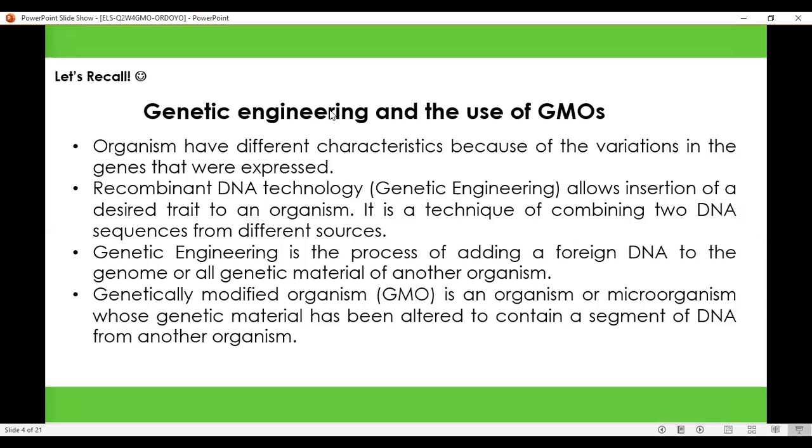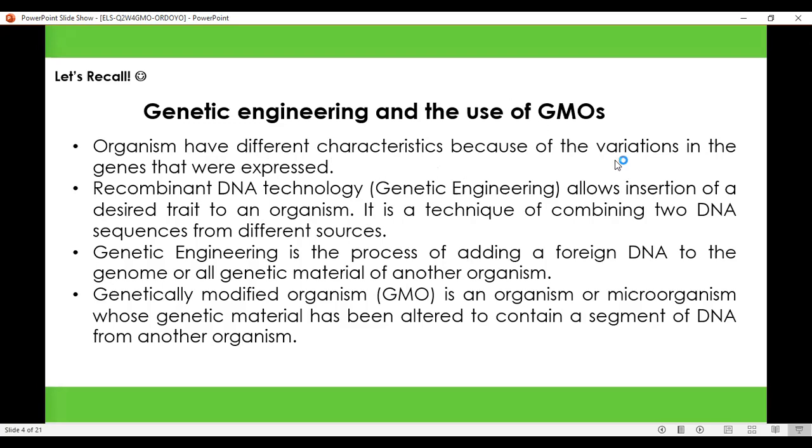As a recap from our previous lesson, we have learned about genetic engineering, recombinant DNA technology, and the use of GMOs. Nalaman natin na different organisms have different characteristics dahil ito sa genes na na-express. These genes can be found on the DNA of an organism.